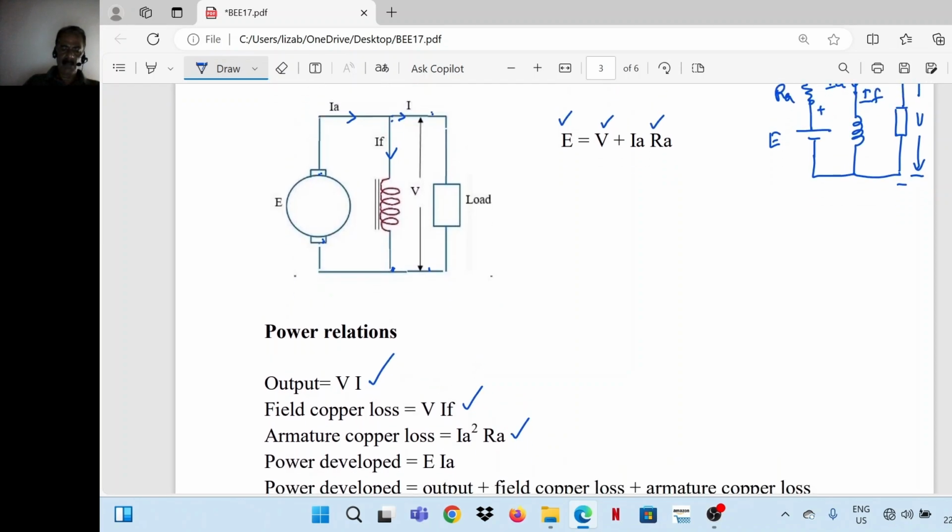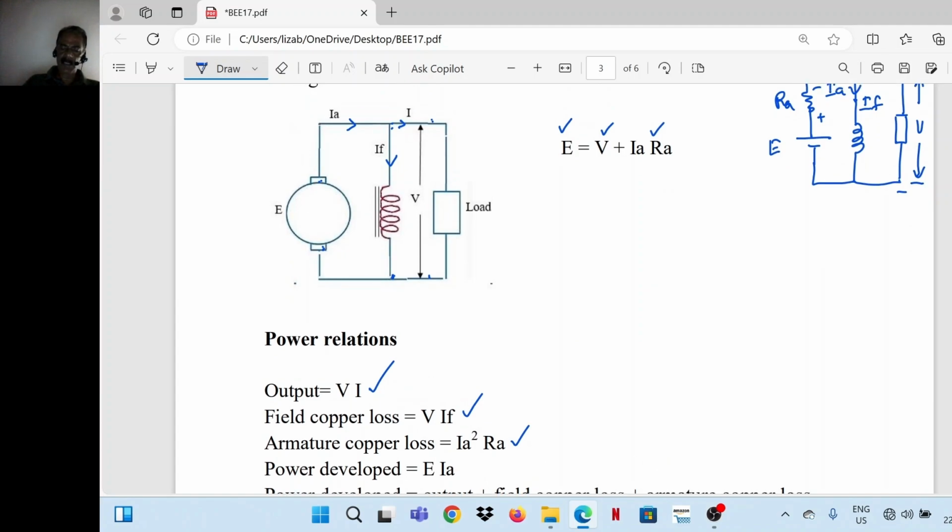What is the electrical power developed by the armature? E into IA. Magnitude of this induced EMF is E. Current delivered is IA. So power developed by the armature is E into IA. So the total power developed is equal to E into IA. It's equal to output plus field copper loss plus armature copper loss.